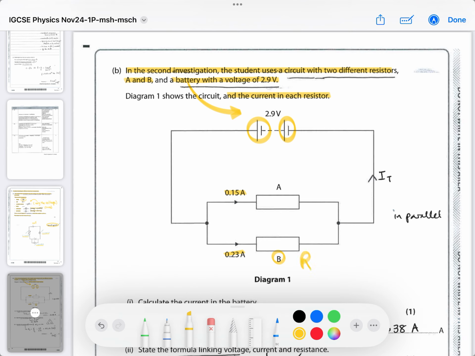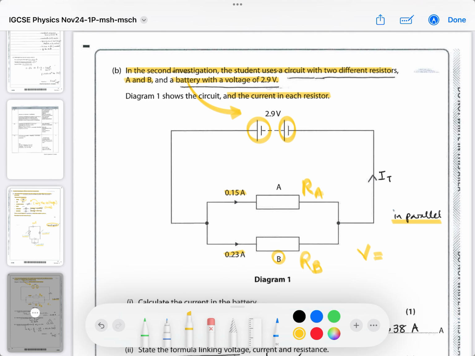So the resistance of B and the resistance of A can be worked out because both of them have a voltage of 2.9 volts. Things in parallel, yeah? So the two resistors are in parallel. The voltages in parallel are equal.